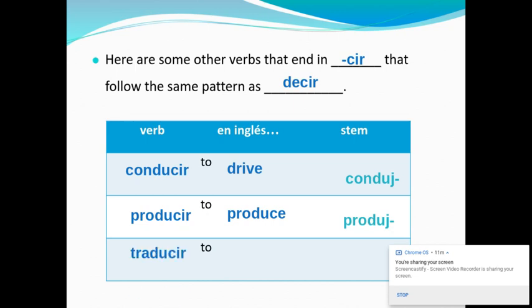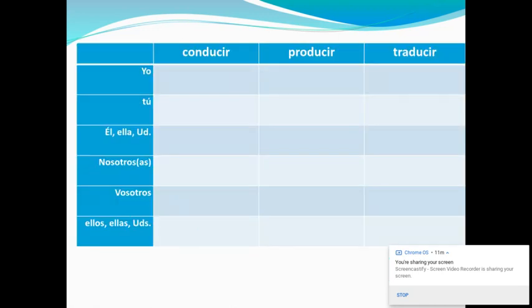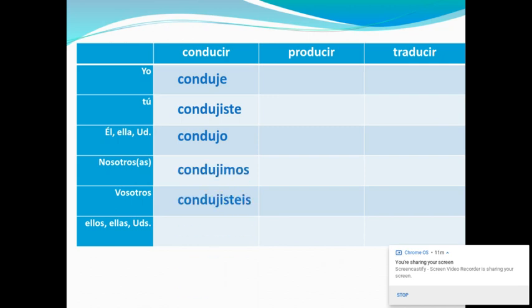And traducir, to translate, traduj. So conducir, if we conjugate it again using those same endings: conduje, condujiste, condujo, condujimos, condujisteis, y condujeron, no I.